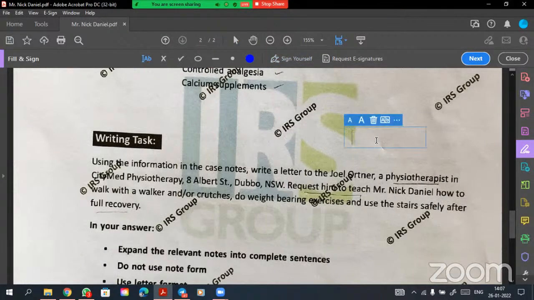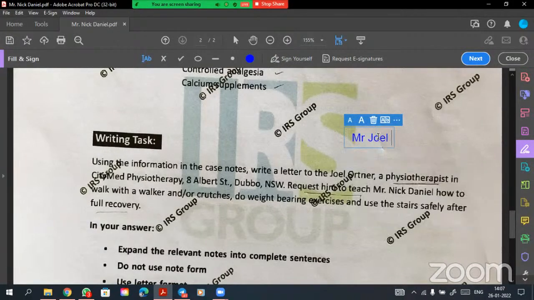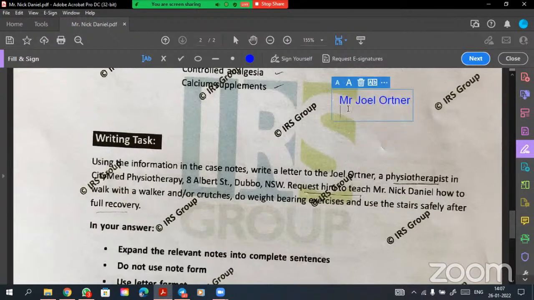So you are writing to Mr. Joel Ortner. You know it is Mr. because Joel is a male name. So Mr. Joel Ortner. Next line will be physiotherapist. Then it is City Med Physiotherapy.